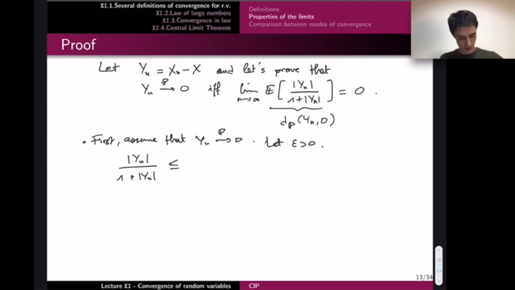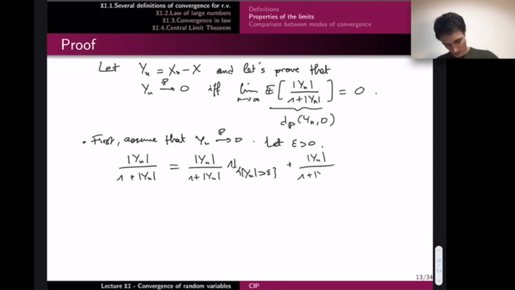This quantity here, Yn divided by 1 plus Yn, I will start with an equality: it equals Yn over 1 plus Yn times the indicator function of Yn greater than epsilon, plus the same thing times the indicator function of Yn less than or equal to epsilon.